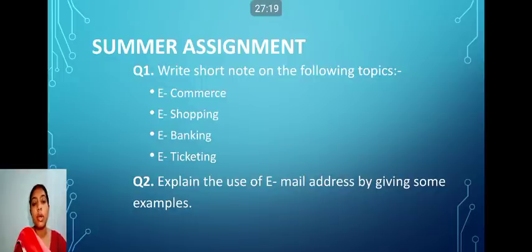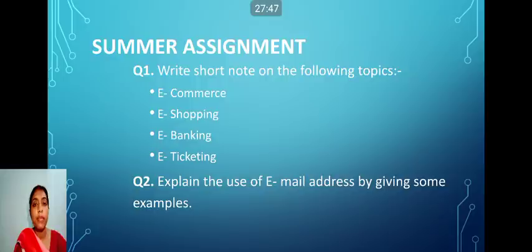First one is e-commerce, then e-shopping, then e-banking, and then e-ticketing. All these terms are very common nowadays, right? So I'm giving you a bit of a hint on all these points. What is e-commerce? Whenever you do any kind of trading or any kind of business with the help of the internet, it is known as e-commerce.